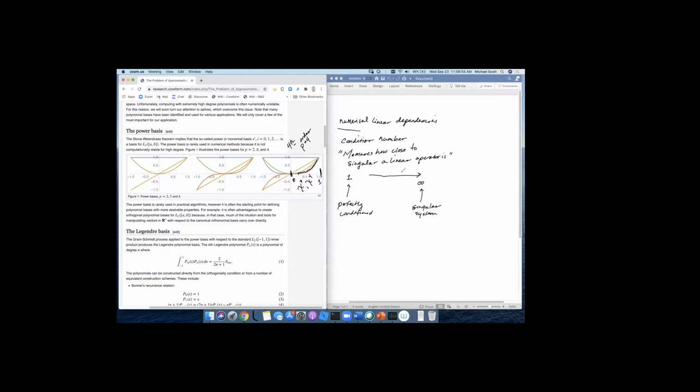Large condition numbers indicate that you're approaching what we would call a numerical linear dependency. The reason we care about condition numbers is that solving linear systems with poorly conditioned matrices has some significant drawbacks for both robustness and efficiency, and we'll get into that later.